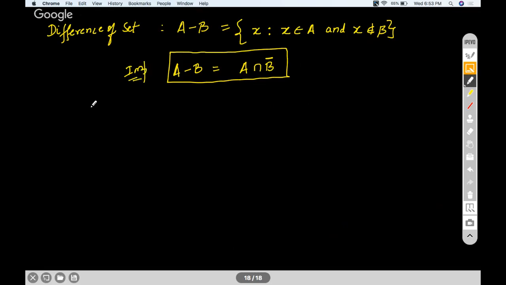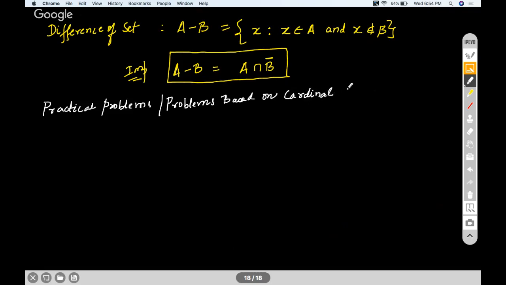Now, most probably the questions that you will get would be practical problems on sets, or we say problems based on cardinality of sets.